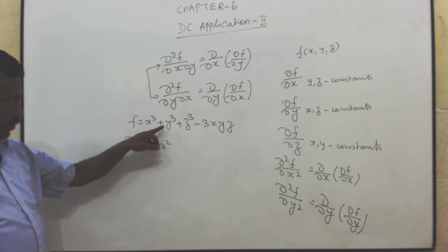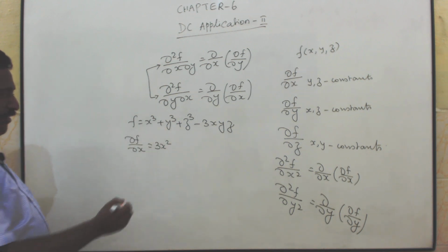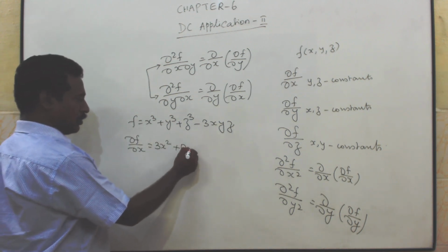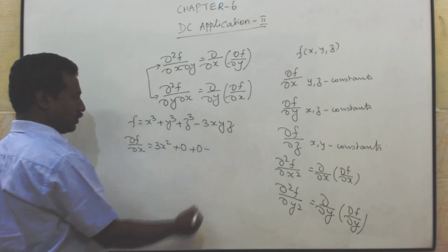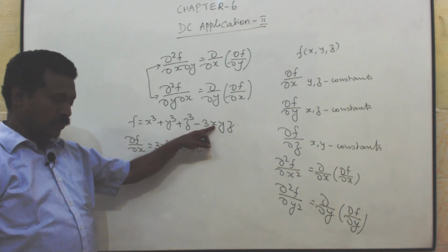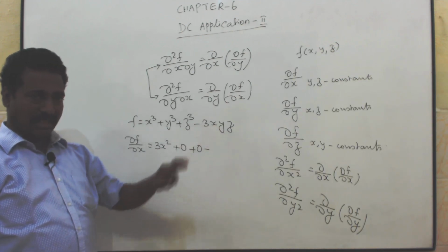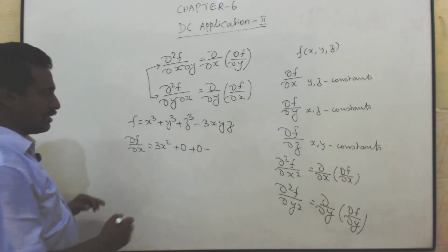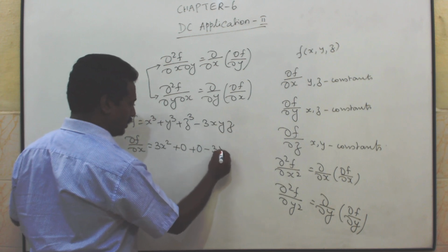Here no x, that's why this is constant. Differentiation of constant is 0. This is also 0. Here x is there. Differentiation of x is 1. 3yz constant. Keep the constant as it is. That's why 3yz is there.